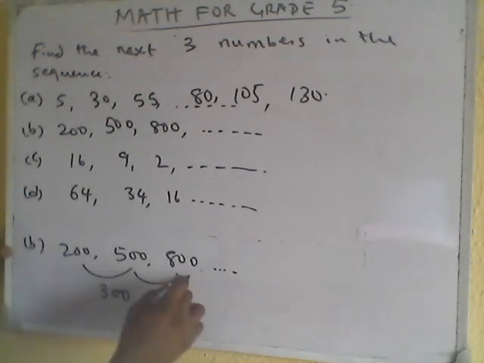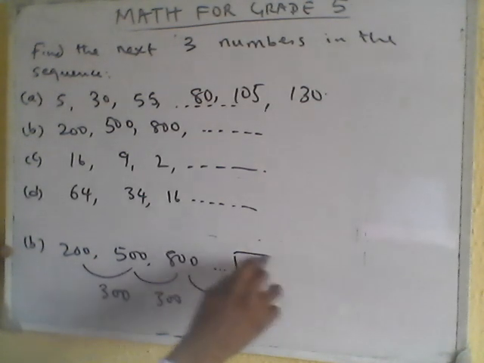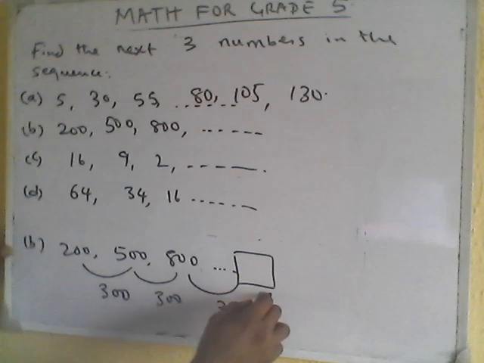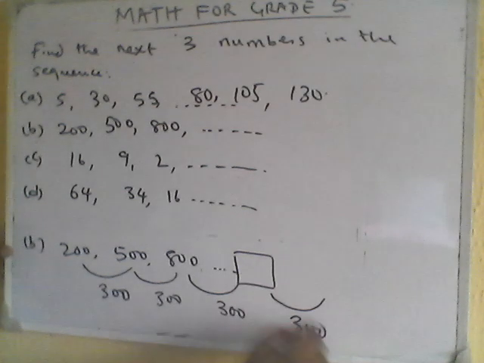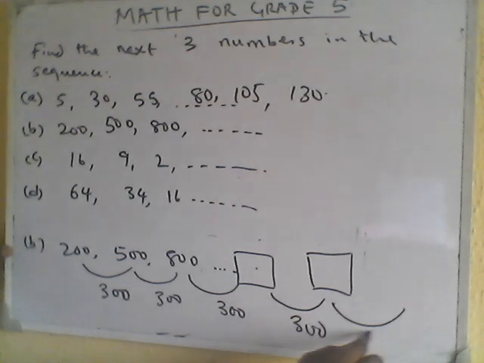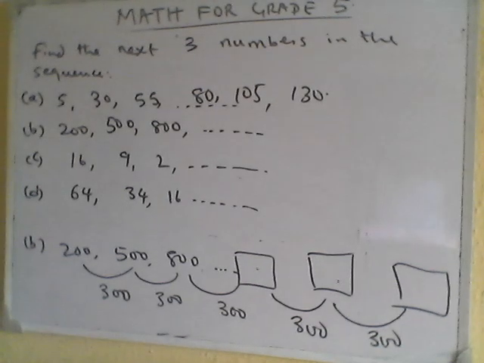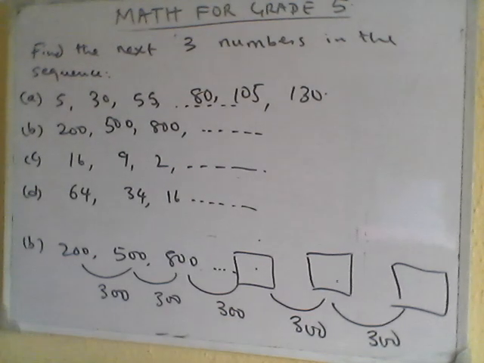Now how do I get the next one? I must add 300 to 800 to get the first one, then add another 300 to get the second one, then add another 300 again to get the last one. So let's go. 800 plus 300 will give me 1,100.